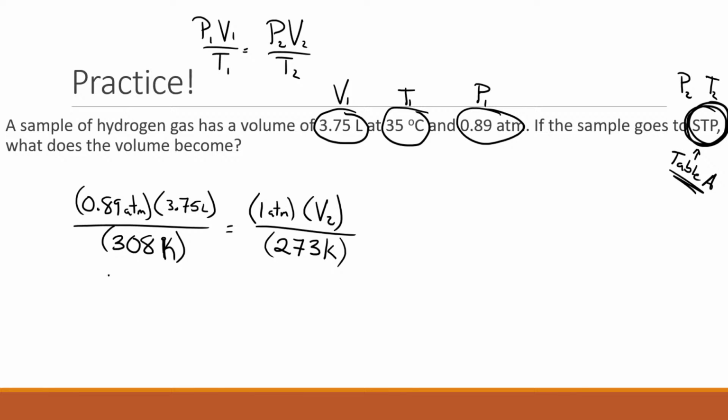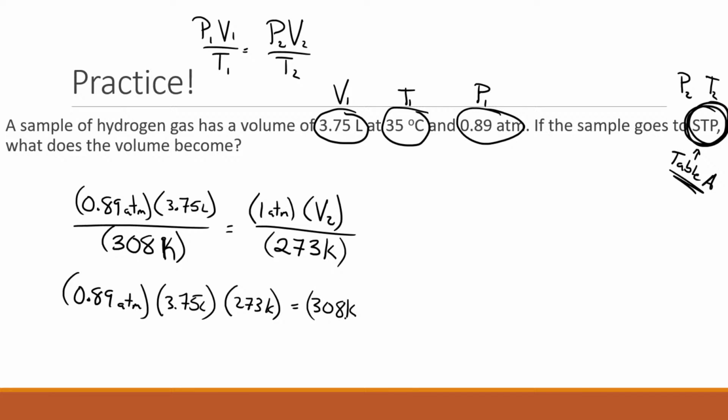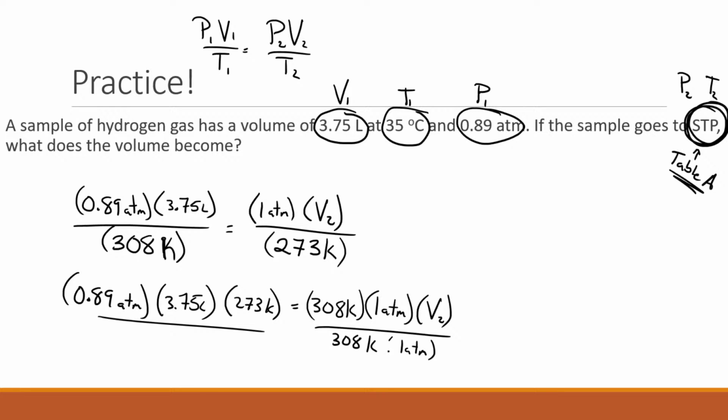When we cross multiply, right, 0.89 atmospheres, 3.75 liters, 273 Kelvin. It's going to be equal to my other side of the cross multiplication, 308 Kelvin times 1 atmosphere times V2. We got to get V2 by itself, so we're going to divide both sides by 308 Kelvin and 1 atmosphere.